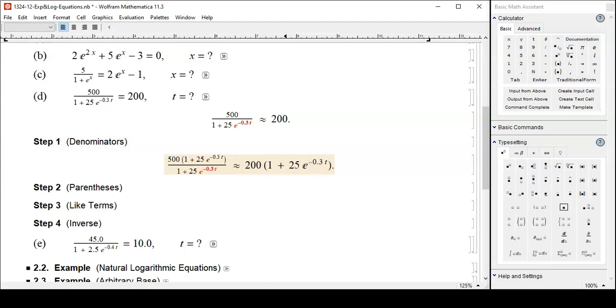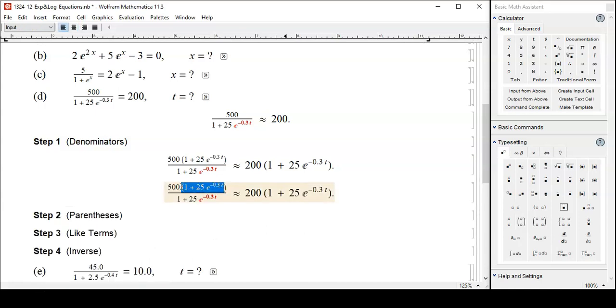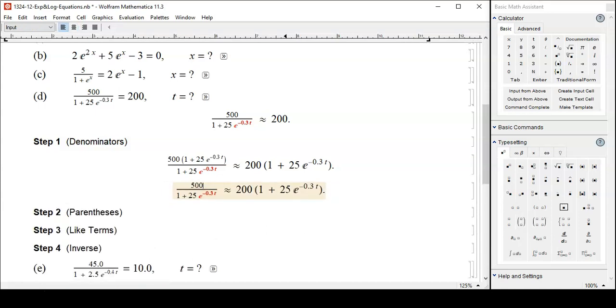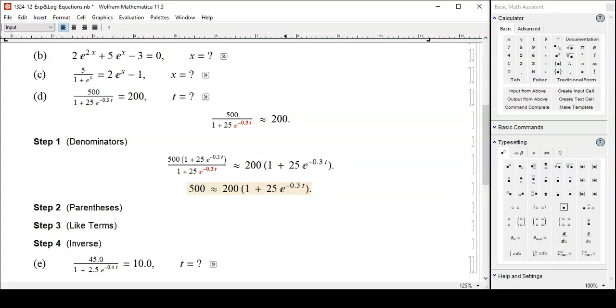Multiplying the same thing to both sides will not change anything. And then in the end, what do we get? This denominator and this thing up here would cancel each other out. So divide these out, and we have just 500 on the left-hand side. And the right-hand side, we have this.